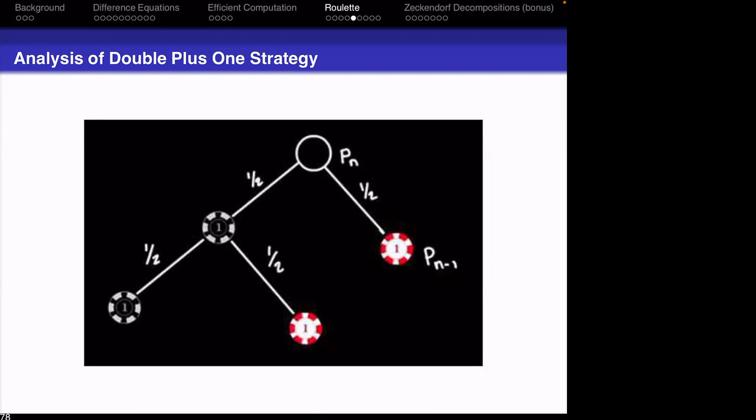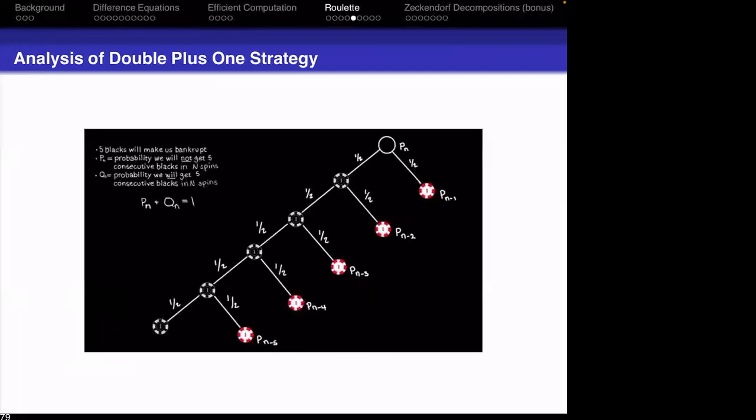N minus 2. So what's the probability that we do not have 5 consecutive blacks, given that we start off black, red? It's just Pn minus 2, because Pn is the probability we don't have 5 consecutive blacks in n spins.